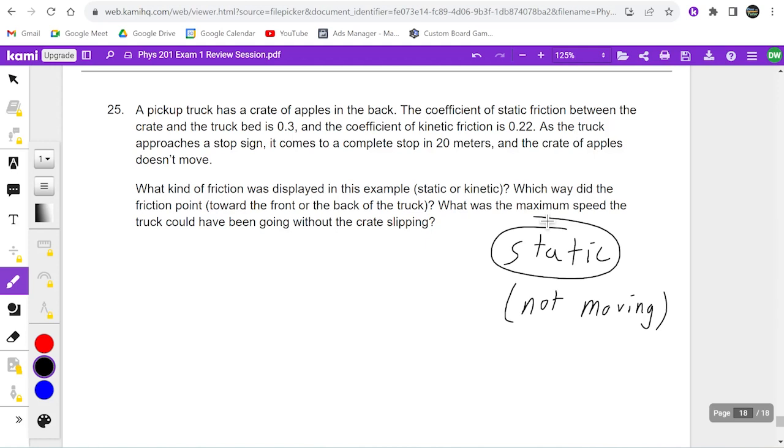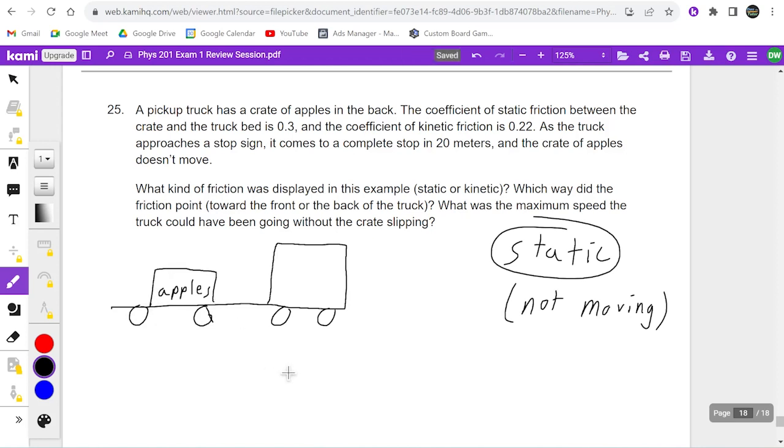Toward the front or the back of the truck? For that, I'm going to draw a picture of what's going on here. So here's my truck, and here's my crate of apples. Okay, and it doesn't slip. Just think to yourself, do you think the friction's pointing forward or backwards?